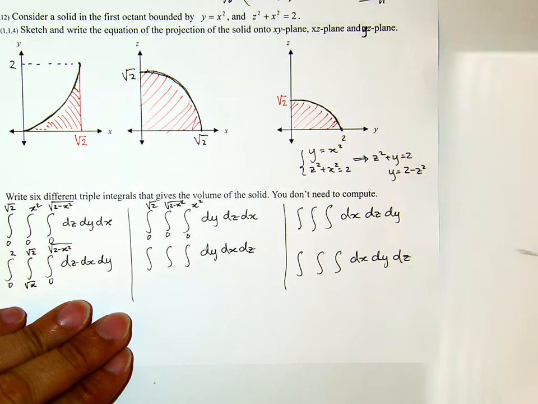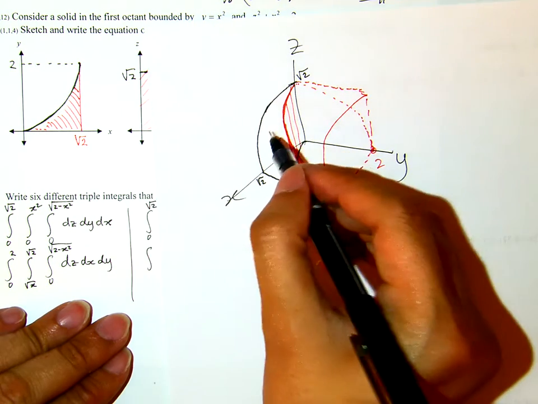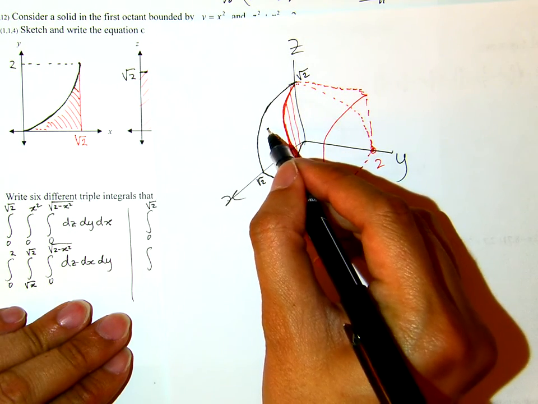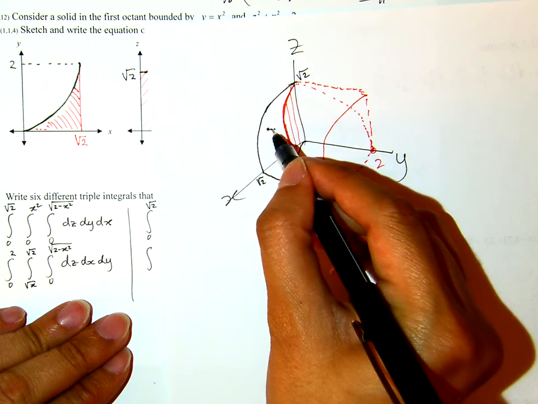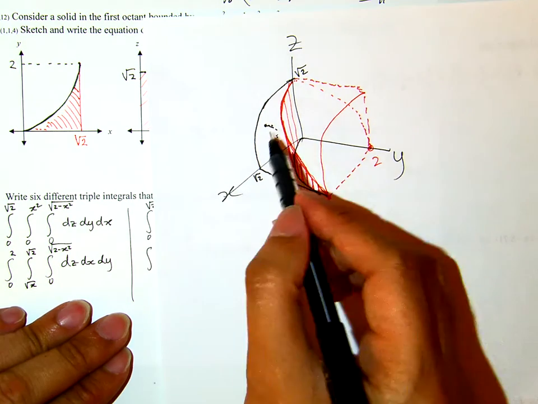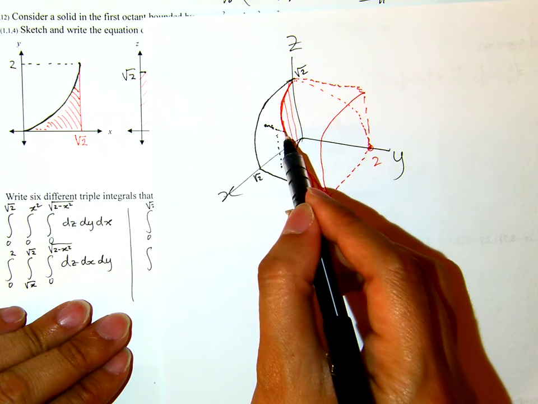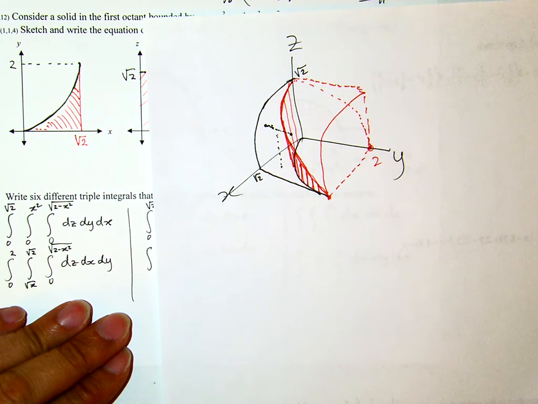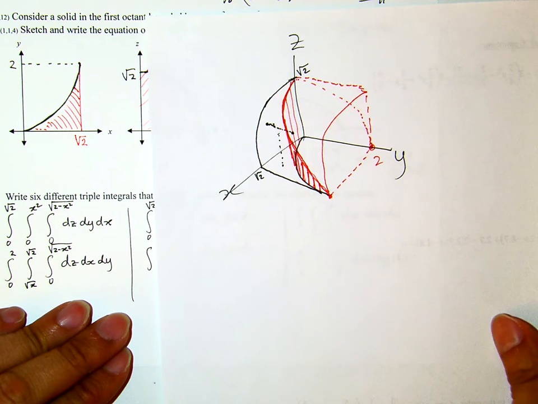Right? Imagine the one here. If I pick a point on the xz plane, then I will start from 0 and I shoot into the y direction. I will hit the curtain there, which is defined by y equals x squared.